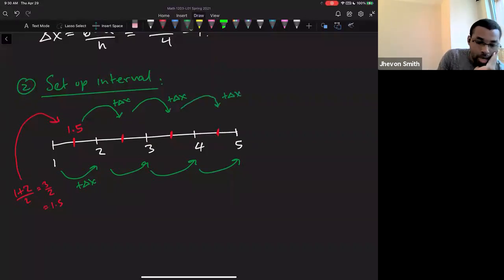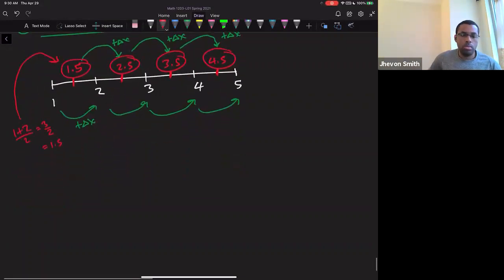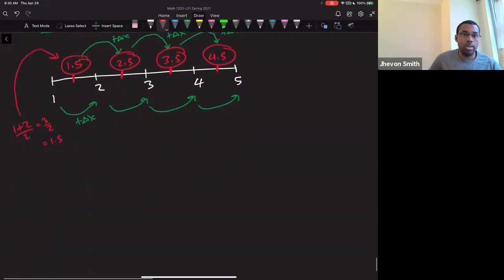Plus delta x. So delta x is 1. So you take 1.5, you add 1. What do you get? 2.5. Add 1, 3.5. Add 1, 4.5. These are the numbers that we want. Okay. So that is how we do the midpoints.